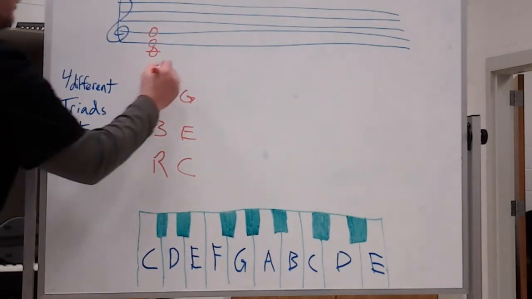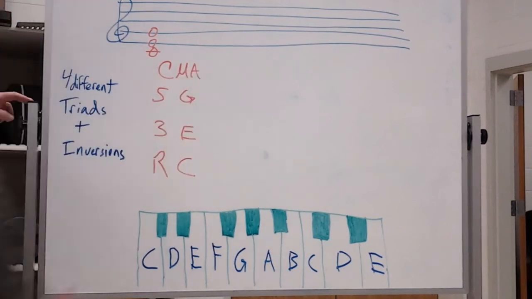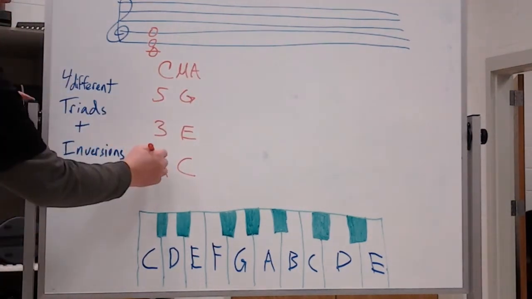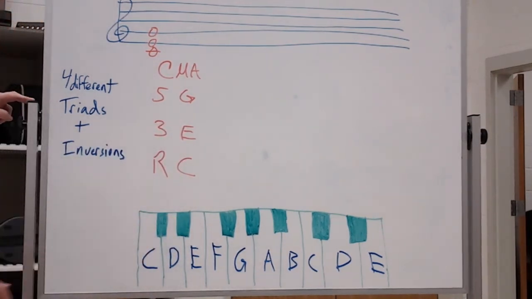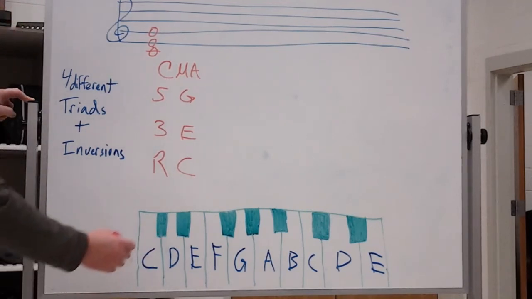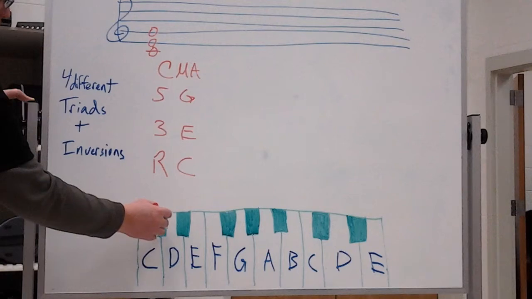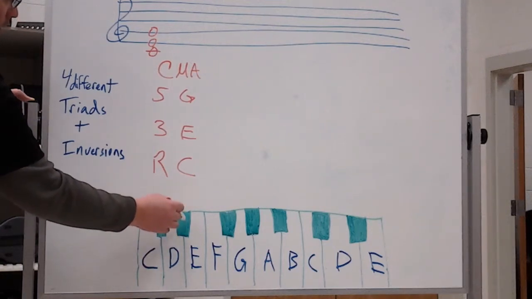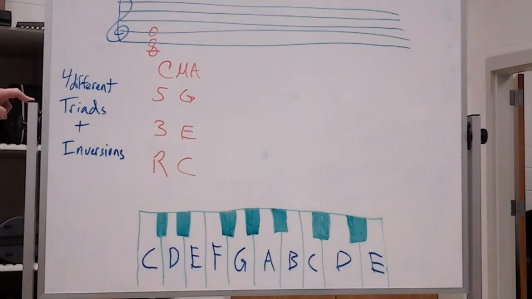Now we're going to also call this a C major triad. The reason it's major is because the distance from the root to the third is a major third, and we can find that by counting the half steps. If C is our root, C sharp would be 1 half step, D would be 2, D sharp would be 3, and E would be 4 half steps.